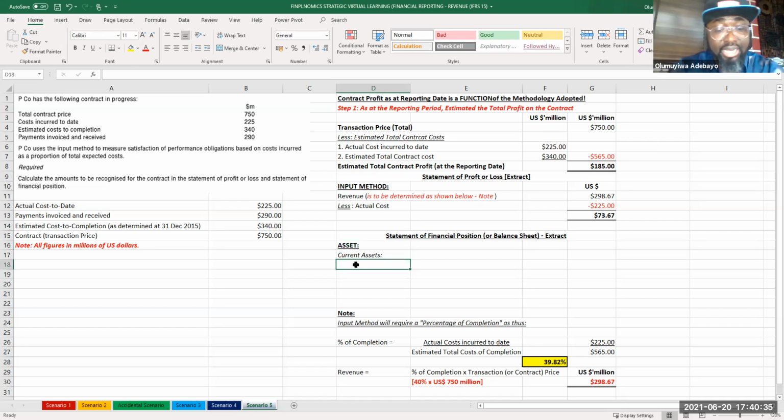And the items are contract assets and receivables.